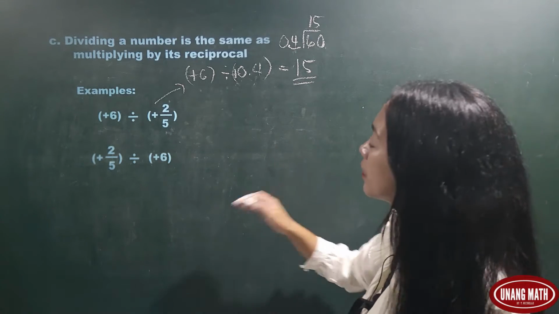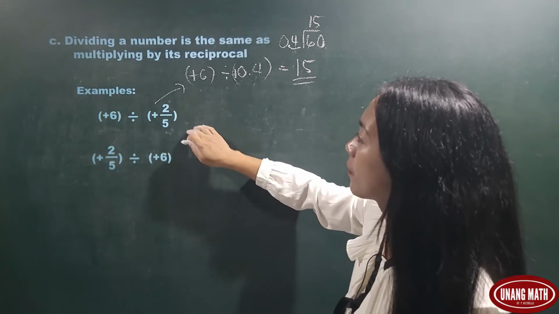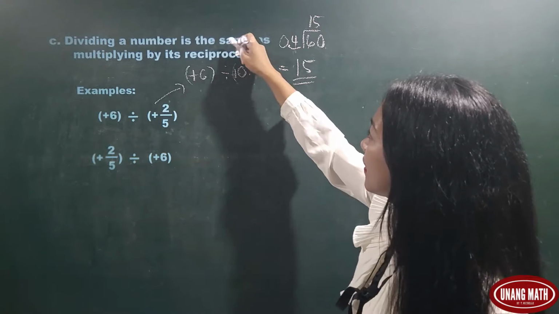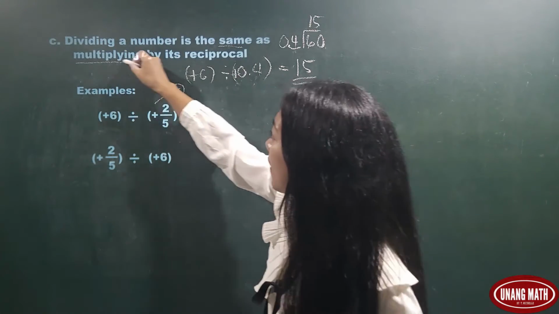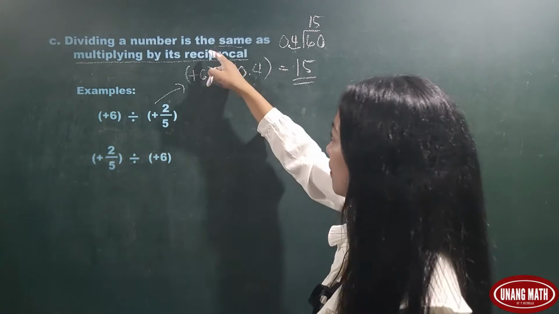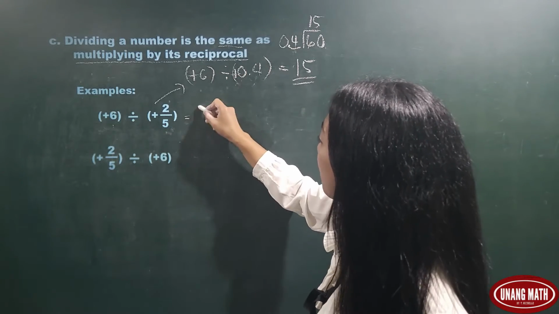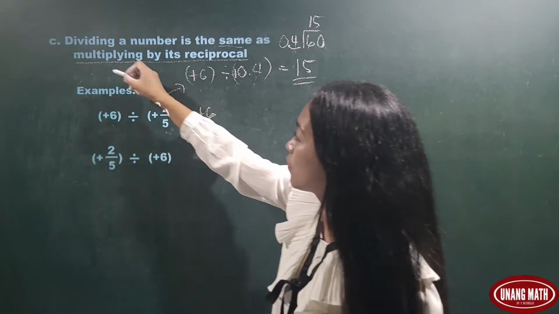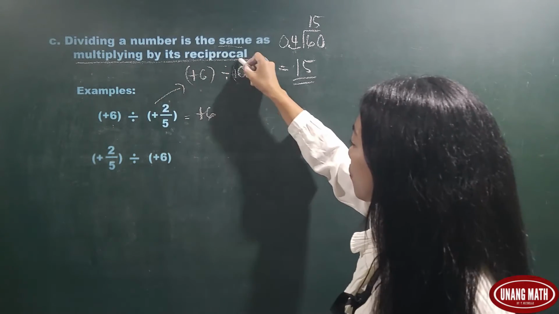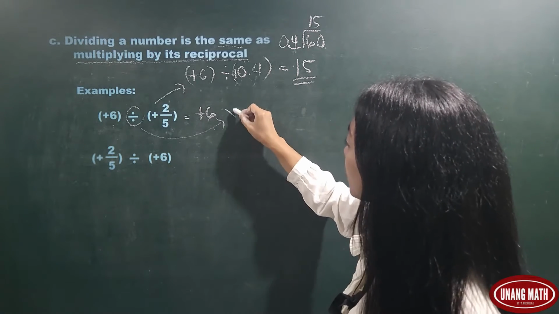How about if we use this concept in answering this problem? Dividing a number is the same as multiplying by its reciprocal. How are we going to do this? We have here positive 6. Since we will multiply by its reciprocal, the division sign becomes a multiplication sign.